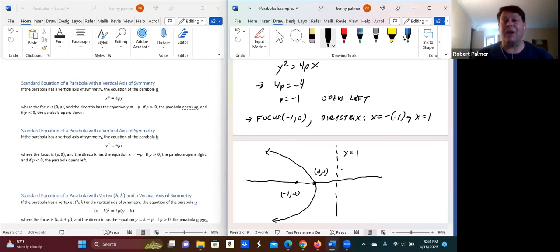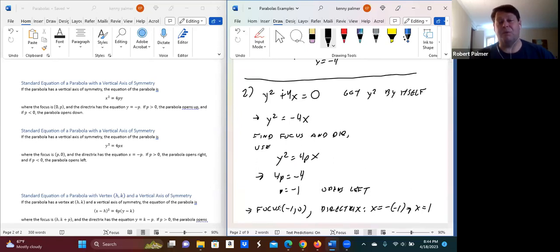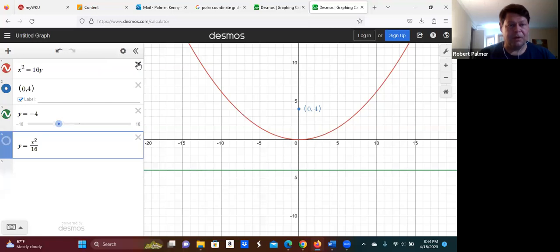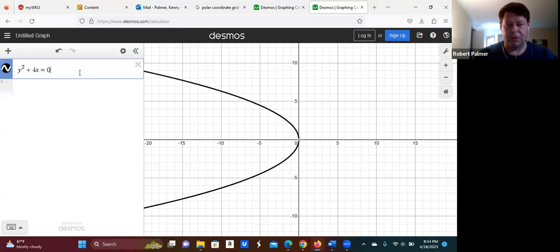So let's graph that. We can graph it just the way it is. In fact, you can graph it in the original form if you want. Actually, let me get rid of all these. So we have y squared plus 4x equals 0. Then our focus, we said, is the point (-1, 0).